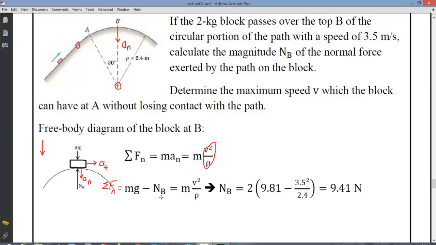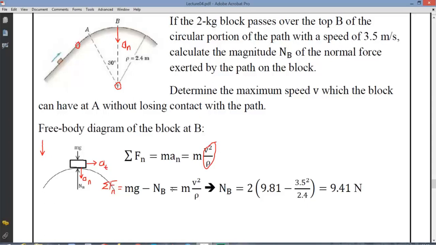V squared over rho, it's always towards the center of curvature, and if you do the necessary math, you'll be able to calculate NB.